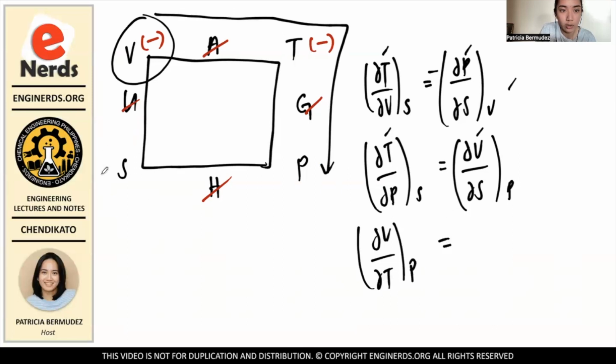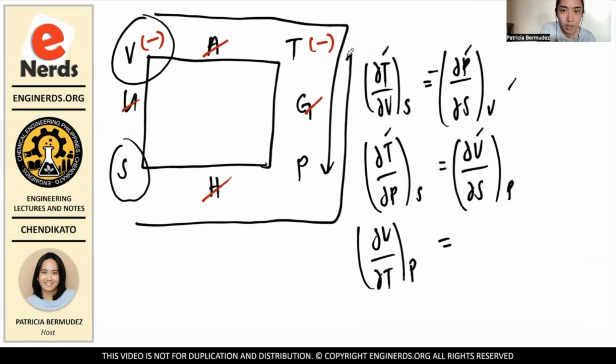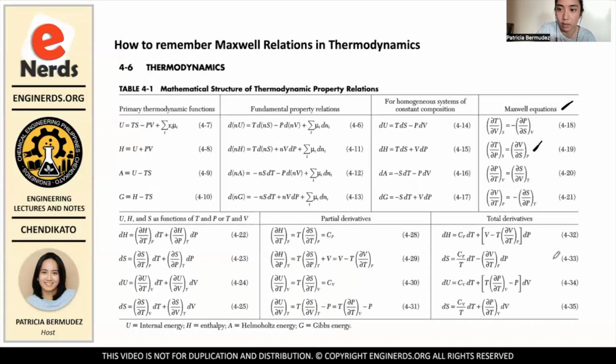So, ano yung hindi niya nadaanan? Yung S, right? So, you start from S here, and then opposite direction. So if it went this way, it goes the other way. So from S to P to T. And since it stopped at T, you have to put a negative sign again. So negative of partial of S over partial of P at constant temperature. And is it correct? Yes, it is the same here. Okay.